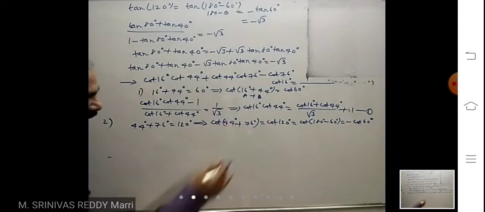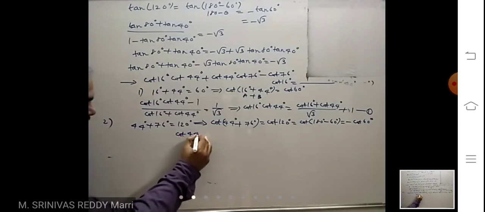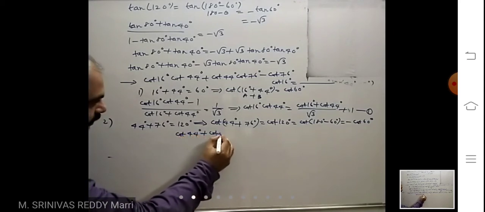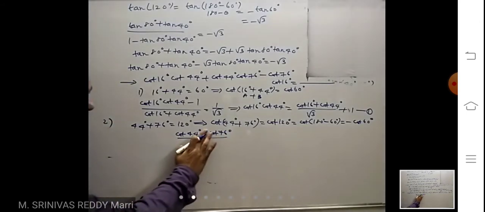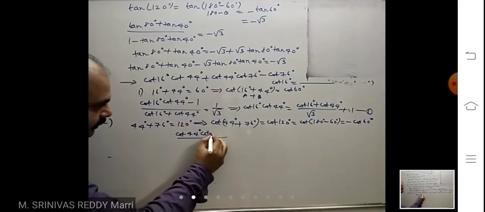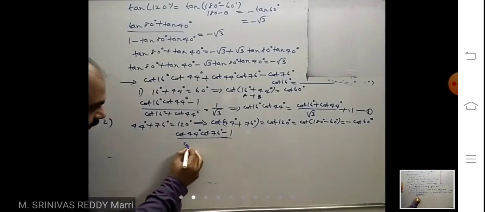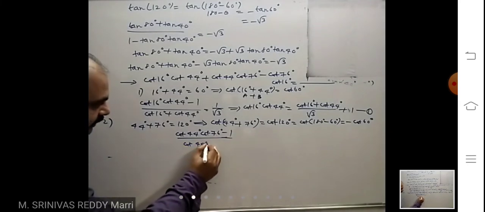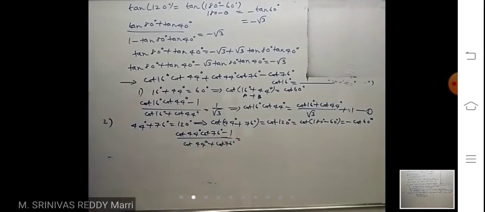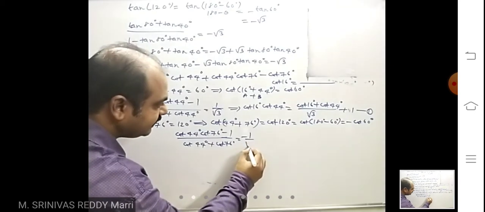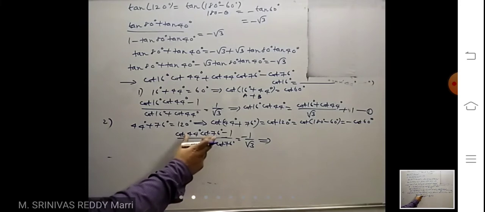Therefore I am expanding this one, cot of A plus B: (cot A cot B minus 1) divided by (cot A plus cot B), that is (cot 44 degree cot 76 degree minus 1) divided by (cot 44 degree plus cot 76 degree), equals minus cot 60, which means minus 1 by root 3. Now look at here, this product is here. You have to get that one.